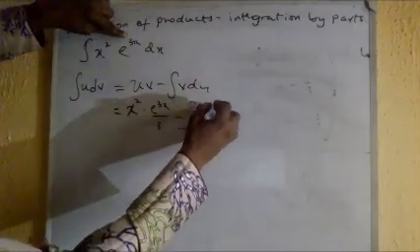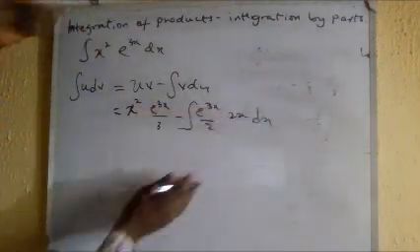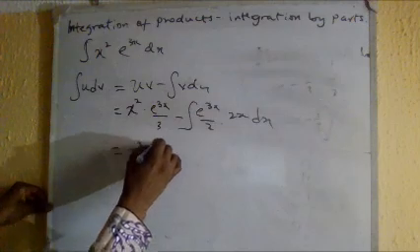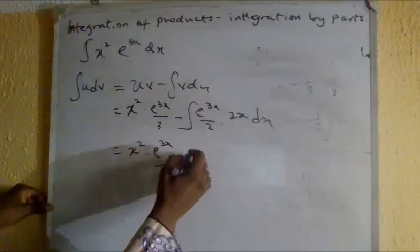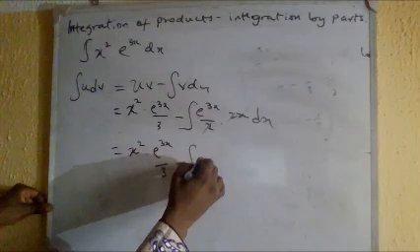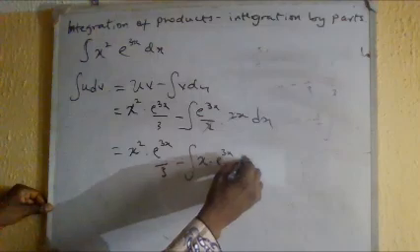So if you've gotten it, you have x squared e exponential 3x over 3 minus, so I can bring out, this can cancel this again. So I have x dot e dx. So again, I still have another integration by parts to do here.